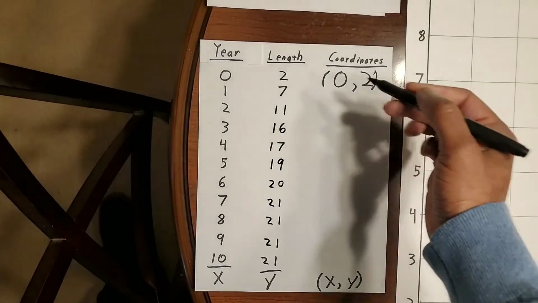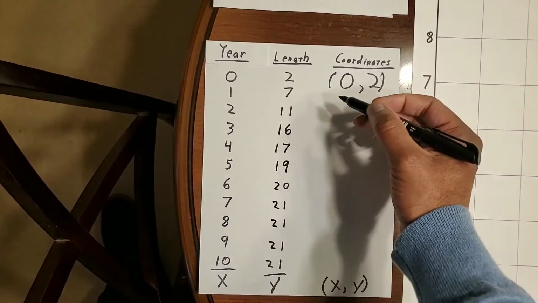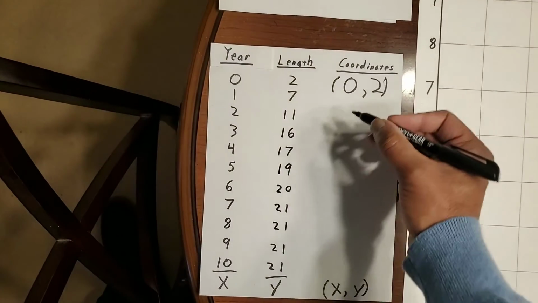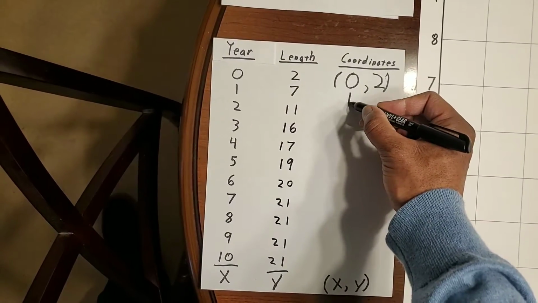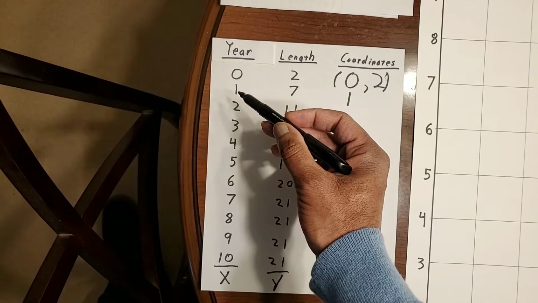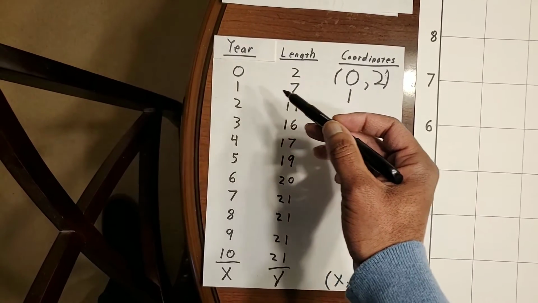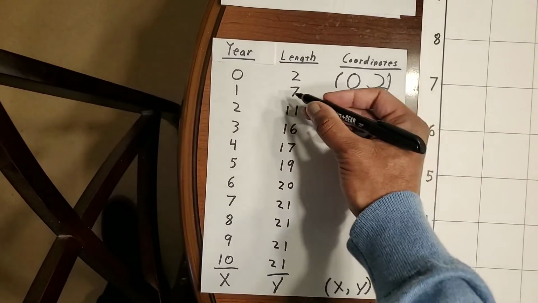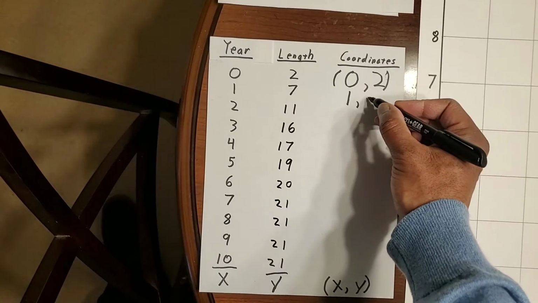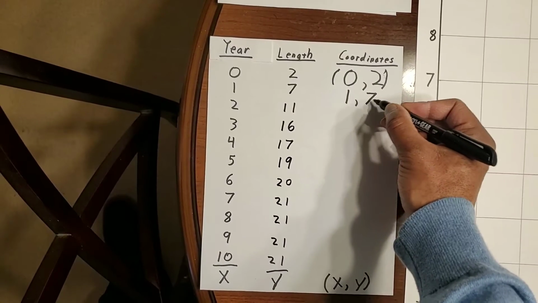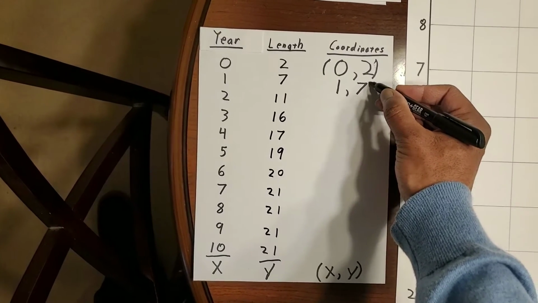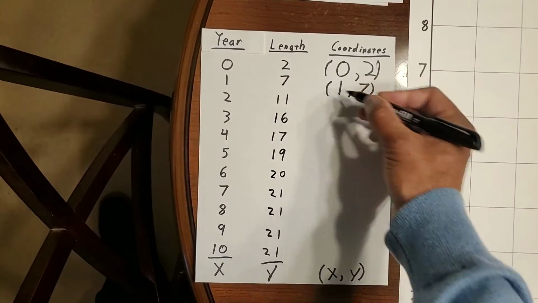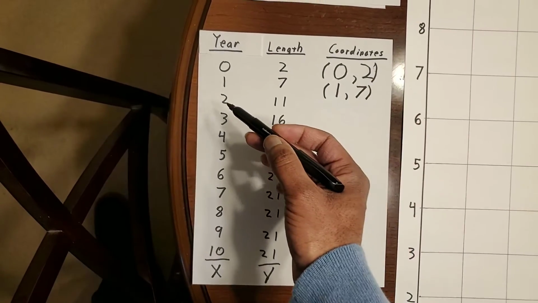What about year 1? Year 1 is x. In year 1, how big will it be in the first year? It will be 7 inches. So 7 is going to go in our y coordinates. So this is 1 and 7. Let's go to year 2.